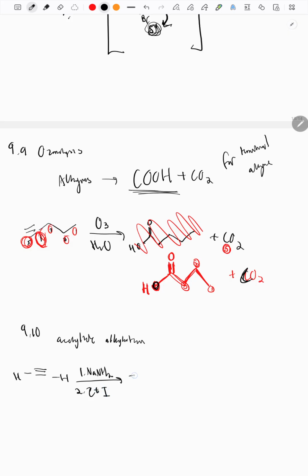We deprotonate this, we get a negative charge, and we get an ethyl group. This is what we get. 9.10, that was basically it.